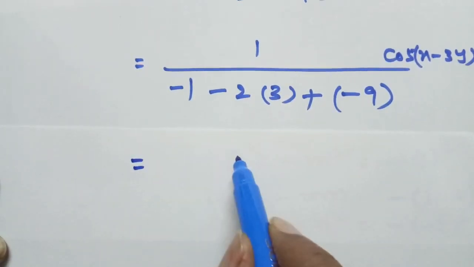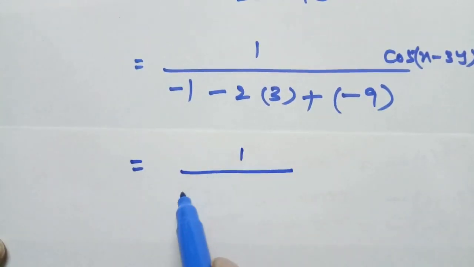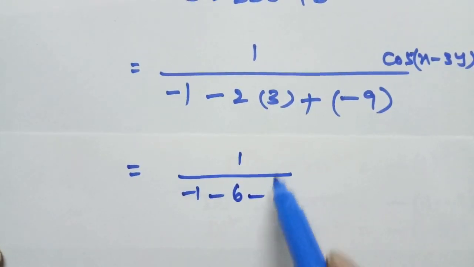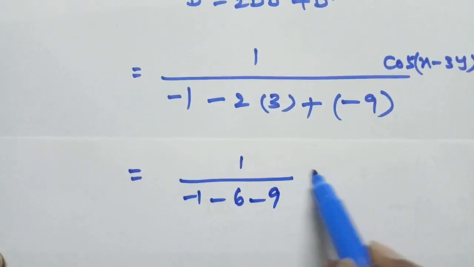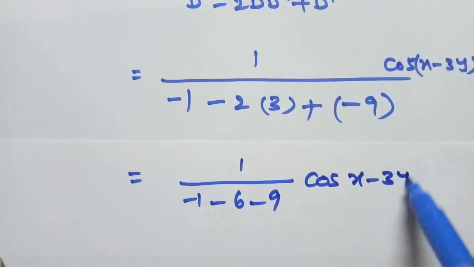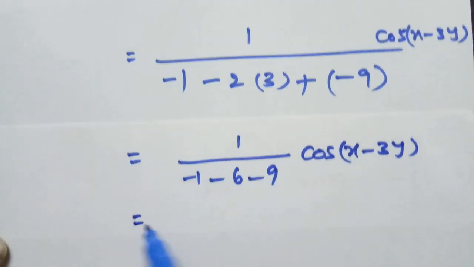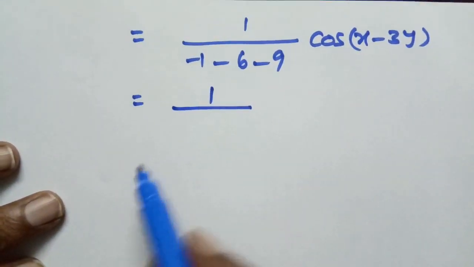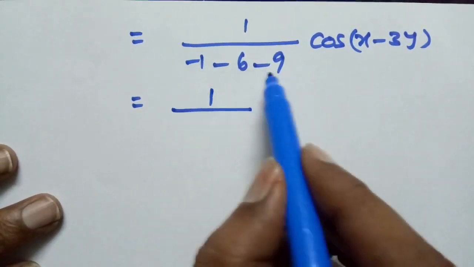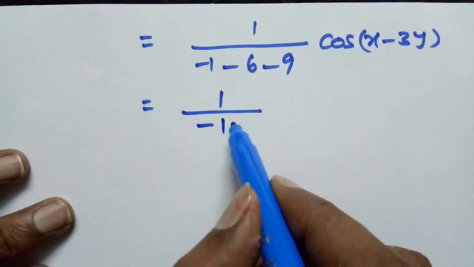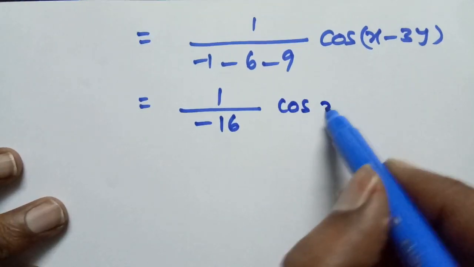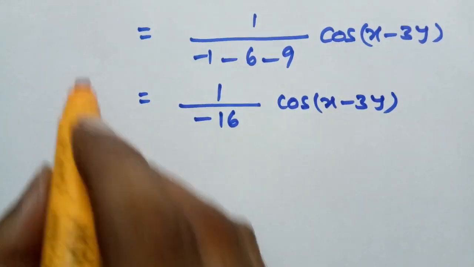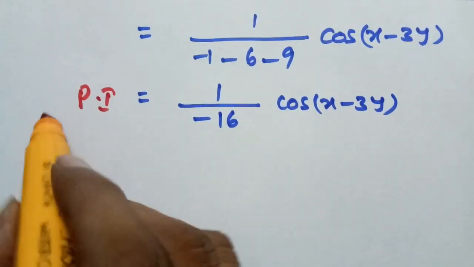This is equal to 1 by minus 1 minus 6 minus 9 into cos of x minus 3y. Therefore, this is equal to 1 by minus 16 into cos of x minus 3y. This is the particular integral PI.